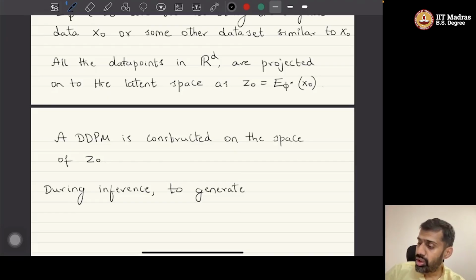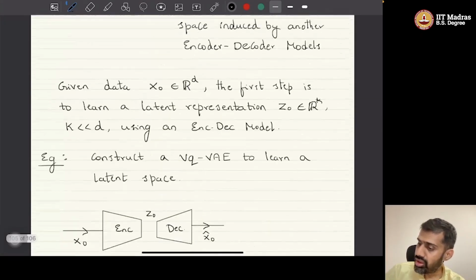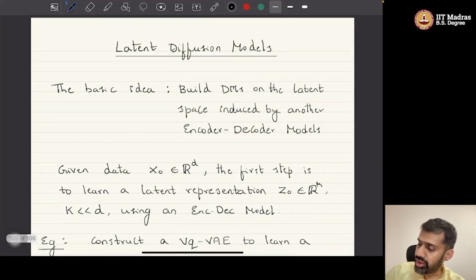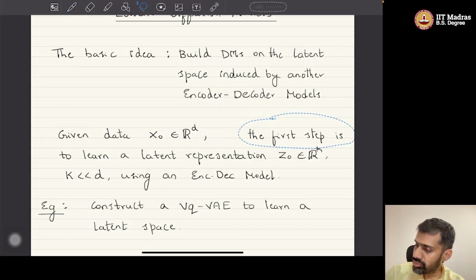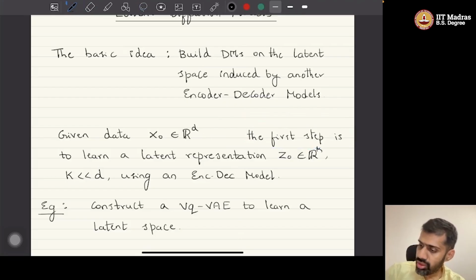During inference, we generate a novel point from P of x naught, which is the distribution of the real data. So x naught is in R^D and it is sampled from P of x naught. That is the underlying data distribution that we want to sample from.